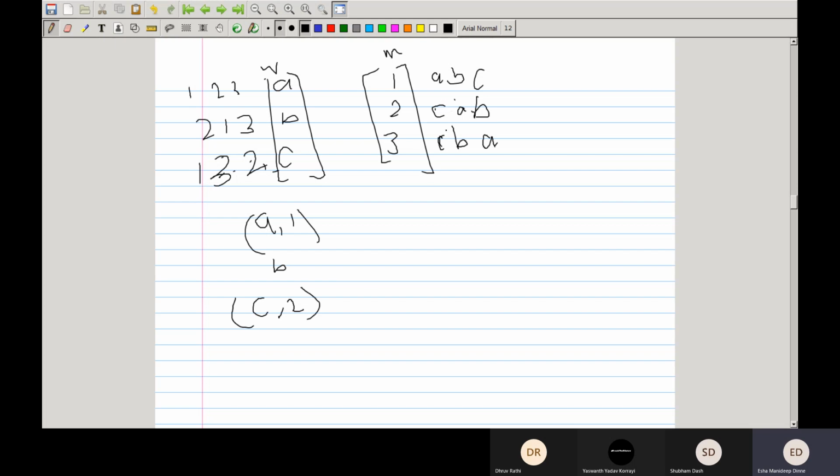3 will go to the first woman in his preference, which is C, and C is currently matched with 2, but because the third person is above 2 in her preference, she will break off her engagement with 2 and then will become engaged with 3.